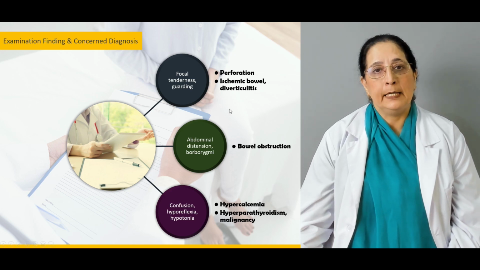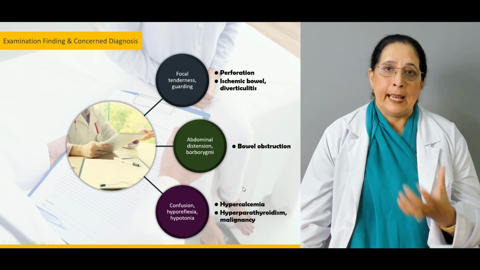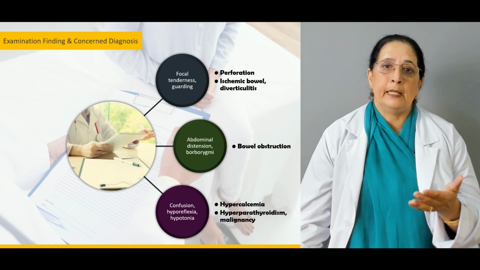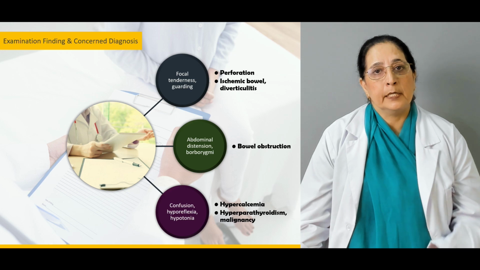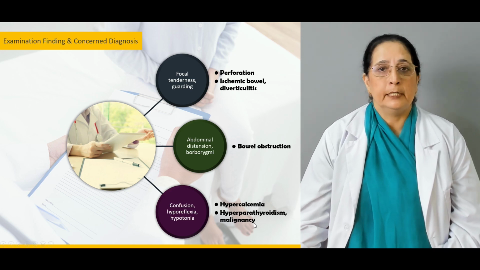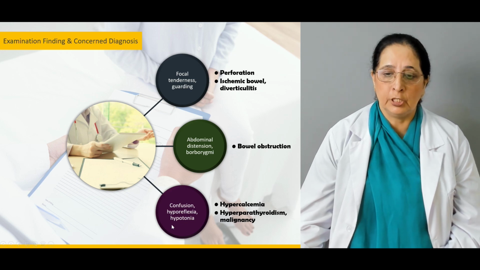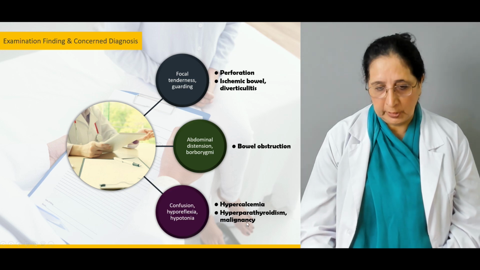Hyperparathyroidism and malignancy. The parathyroid is the gland which is responsible for the calcium level, and hyperparathyroidism can cause increased calcium level also. So these are the conditions which are associated with confusion, hyporeflexia, and hypotonia.